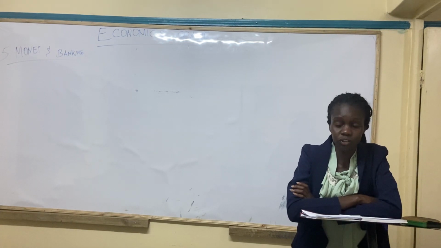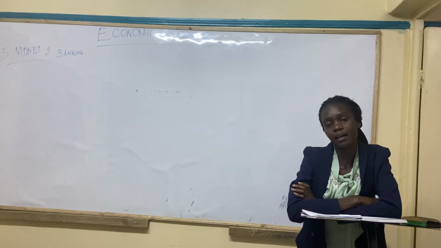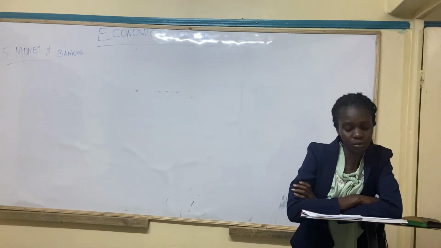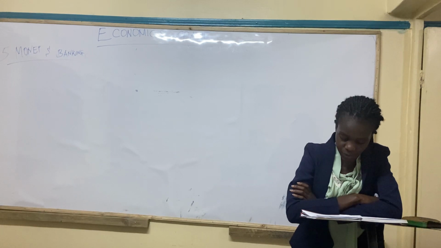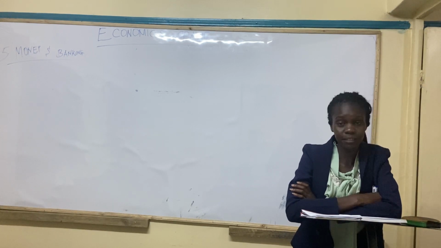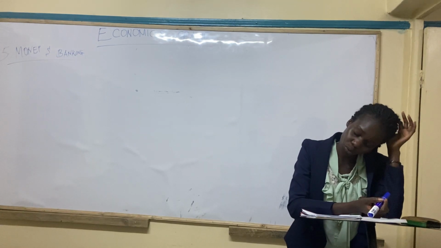Credit creation is the process whereby commercial banks create current accounts, fixed accounts or deposit accounts. This is done by commercial banks. Credit creation, that is opening accounts for their clients.